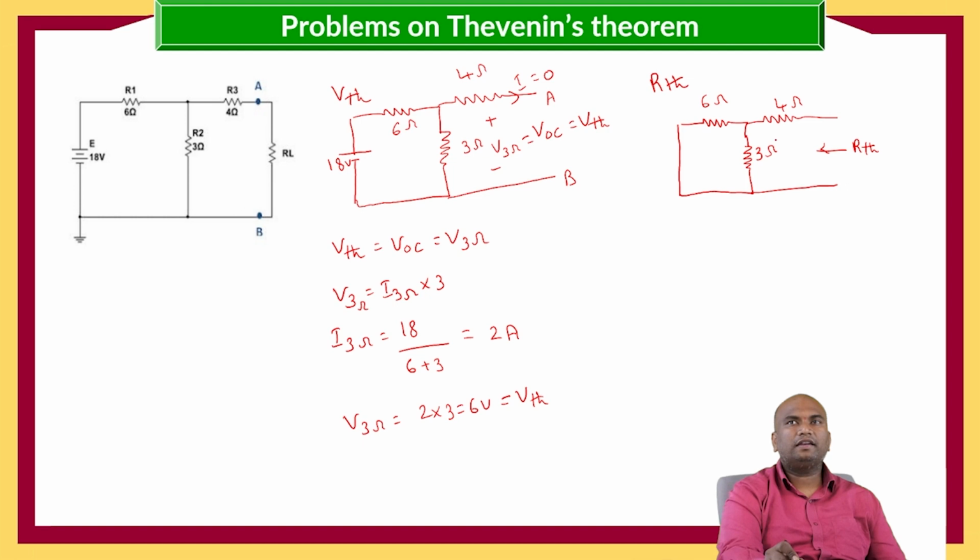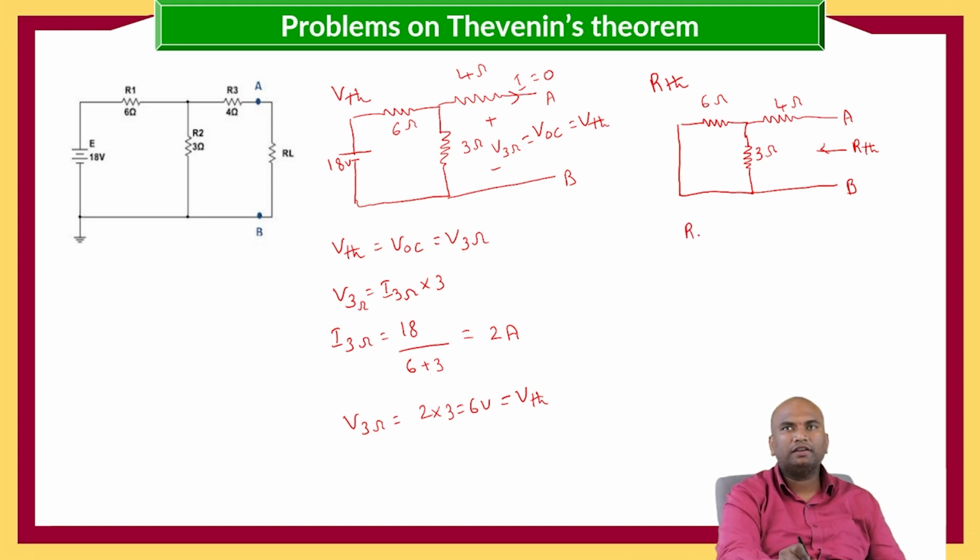Here, in the RTH calculation, if you see between these two terminals A and B, this 4 ohms is in series with the parallel combination of 6 and 3 ohms.